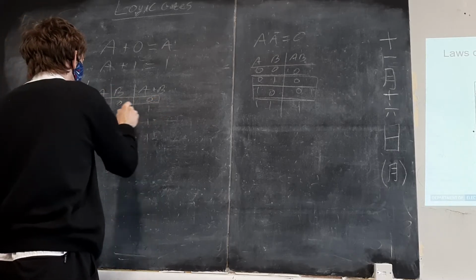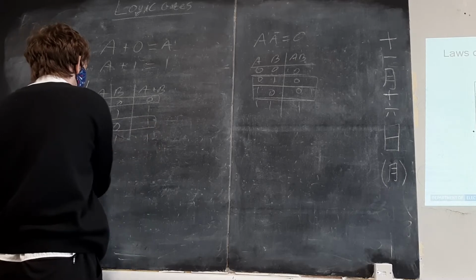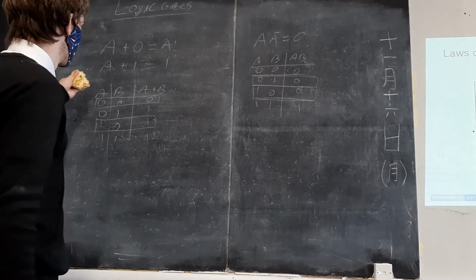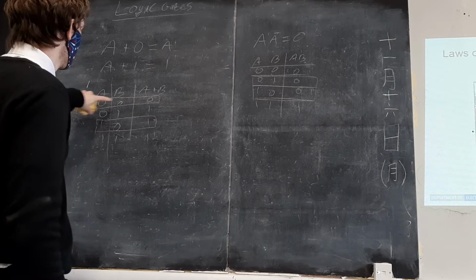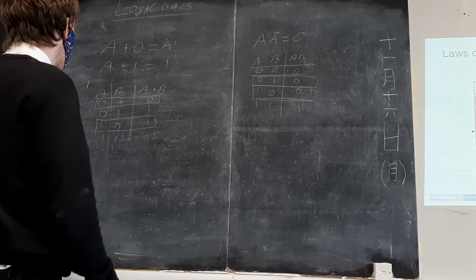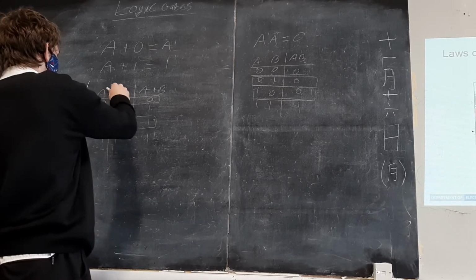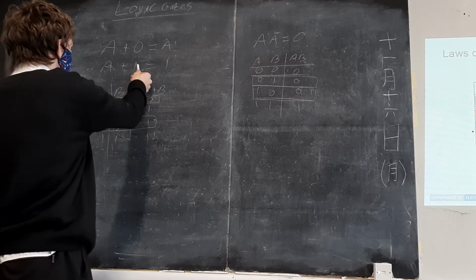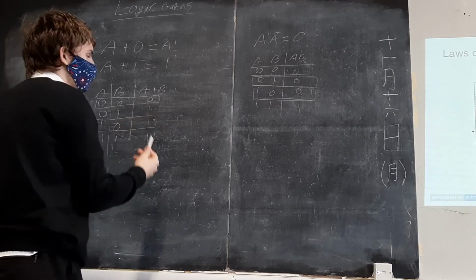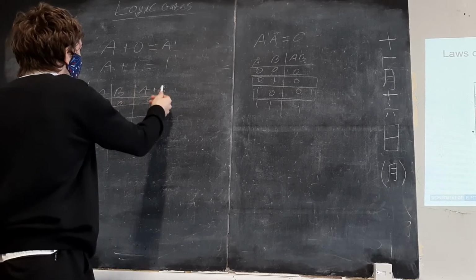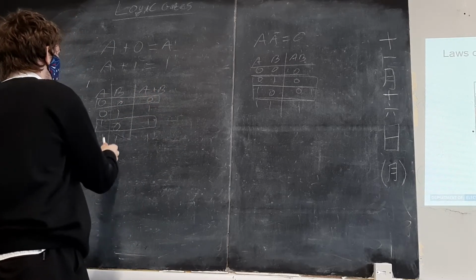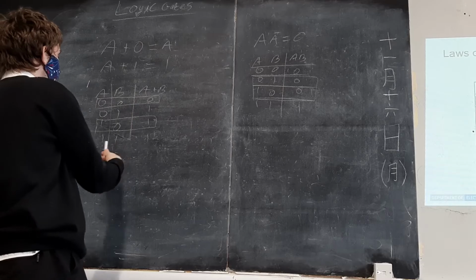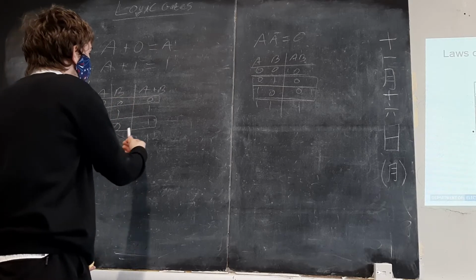So these two rows here both equal what A is, because they're adding 0. And then if you have A being 0 and ORing with 1, you get 1. And if A is 1 and you OR with 1, you also get 1.